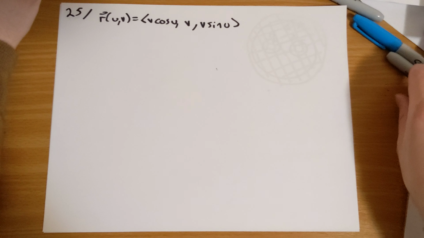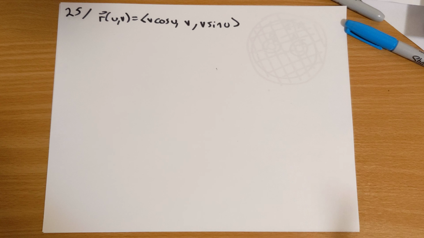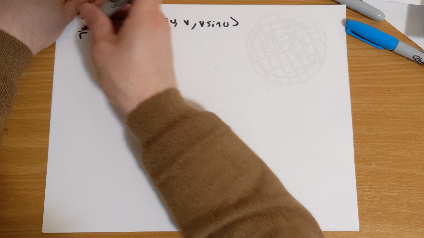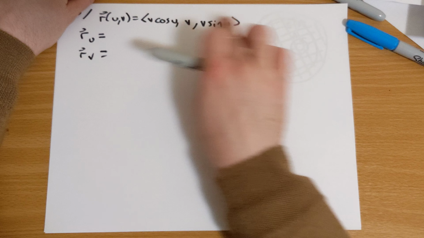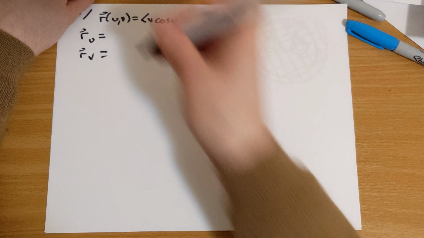To find a parametrization of a tangent plane, to find a plane, we need a point and a normal vector. We already have a point given to us, 1, square root 2, and 1. How do we find a normal vector for our plane? Well, we're going to calculate r sub u, r sub v, take partial derivatives here, and then take a cross product of these two.